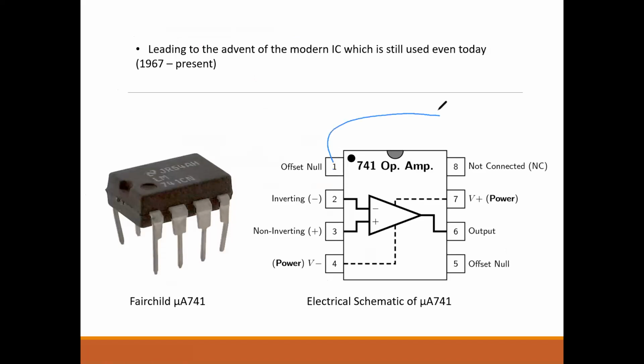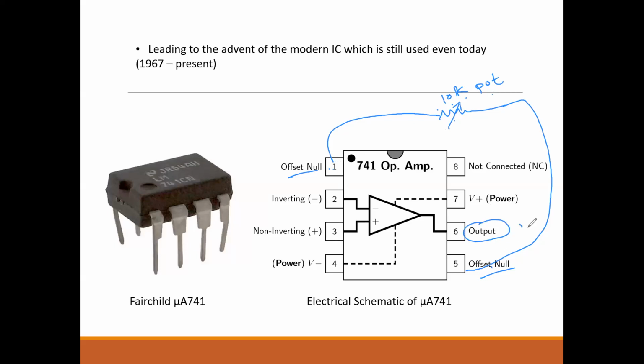So here we have to connect a variable resistor, that is called a potentiometer, between terminals 1 and 5. Both are offset null terminals. Suppose a 10K pot is there. Potentiometer means variable resistor. We connect a 10K pot here, and we vary the resistance between terminals 1 and 5 and check the output.